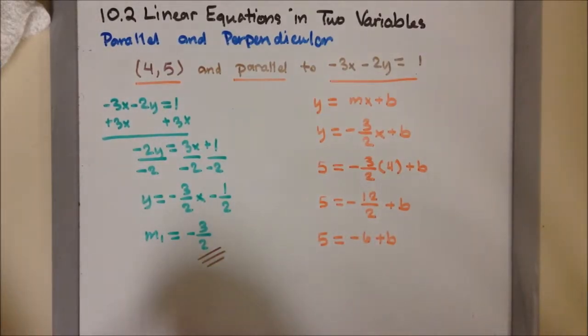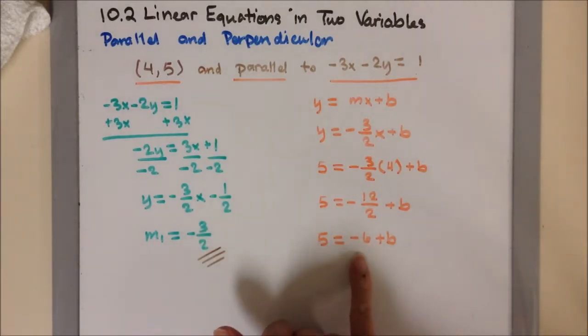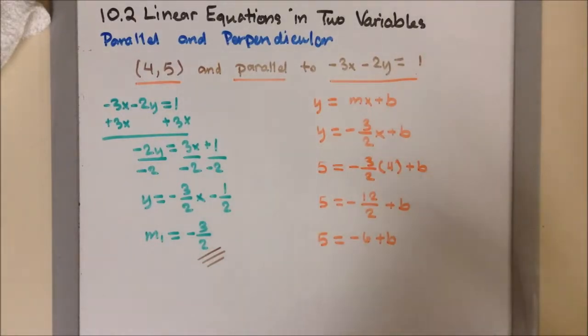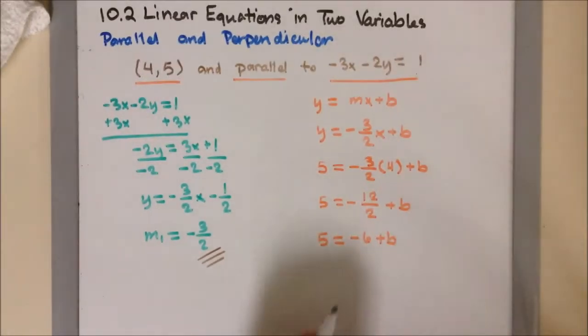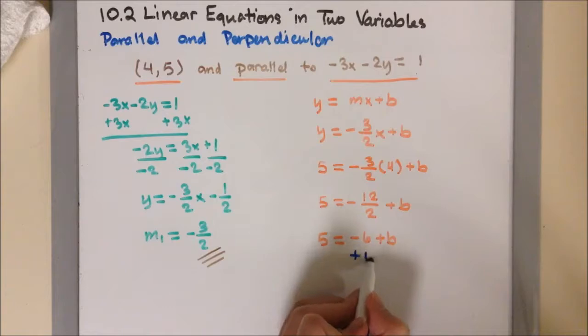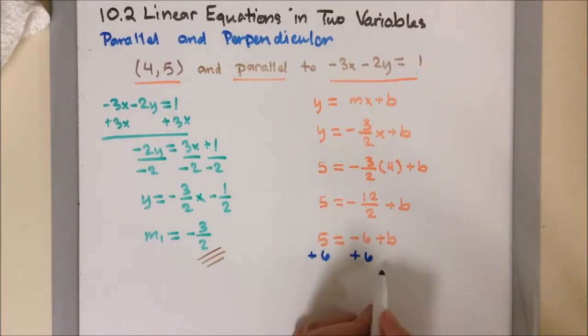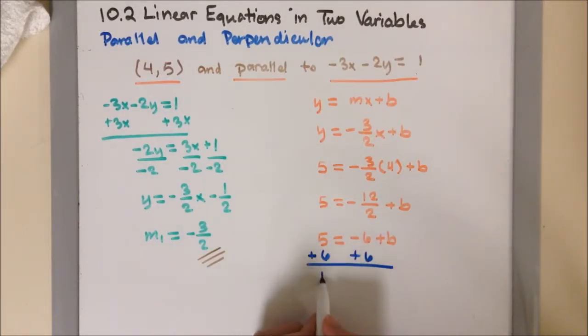In order to solve for b, what we're going to do is cancel out the negative 6. So what I have to do there is add 6 to both sides. So I'm going to have 11 equals b.